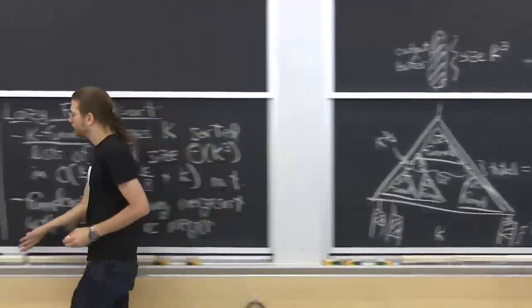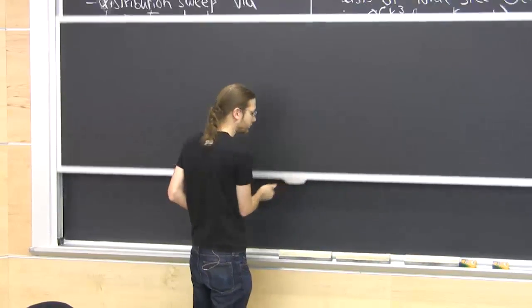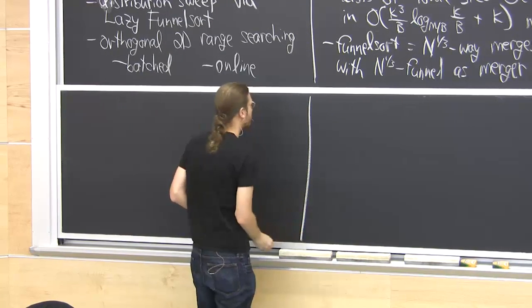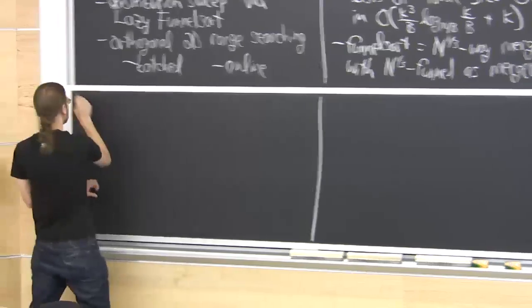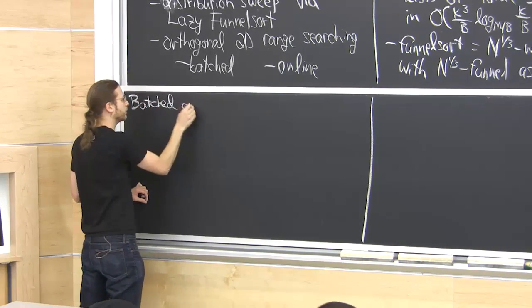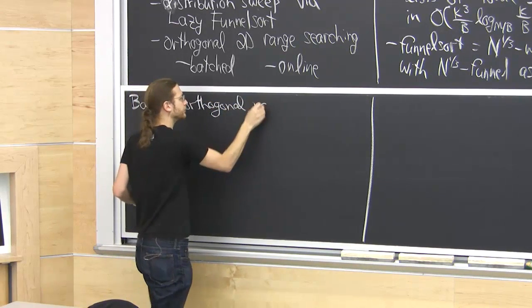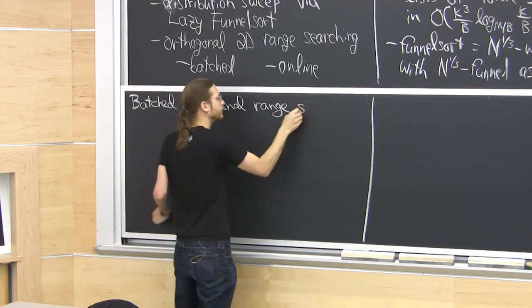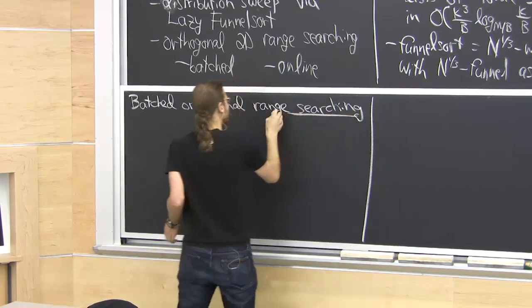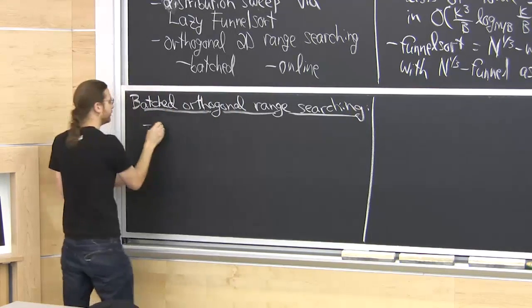So let's go to batched orthogonal range searching, and in general, this technique called distribution sweep.